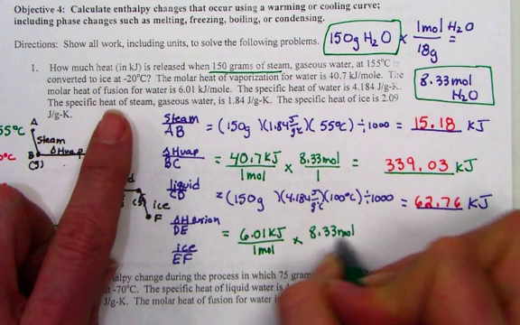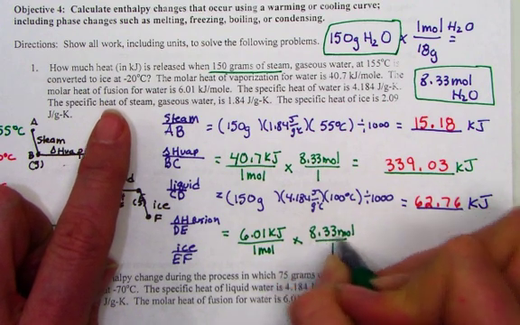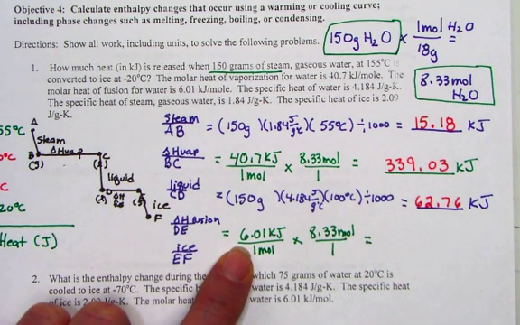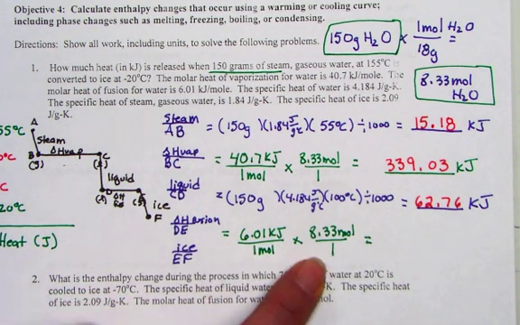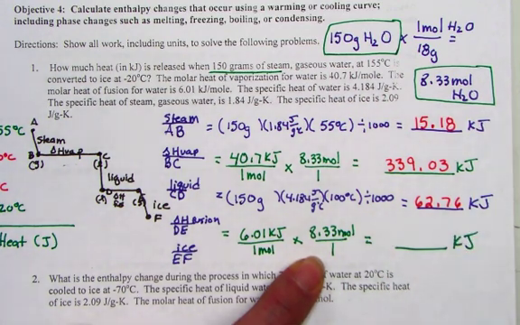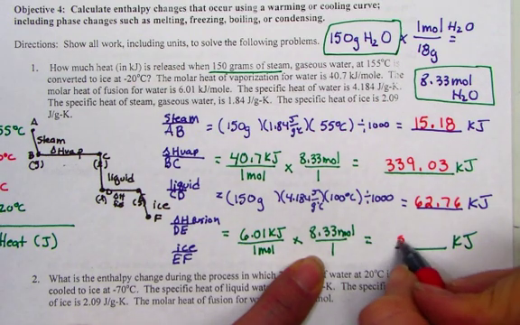And we may certainly set that over a 1 to notice how the mole units have canceled. 6.01 times our number of 8.33 gives us a value in a kilojoule of 50.06.